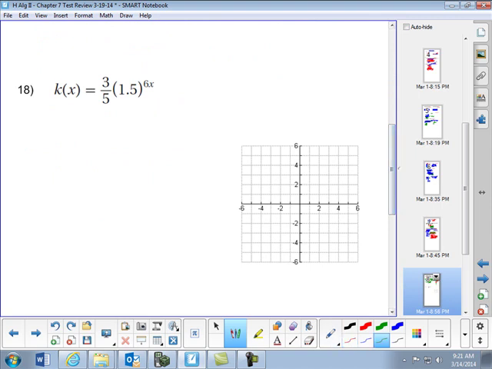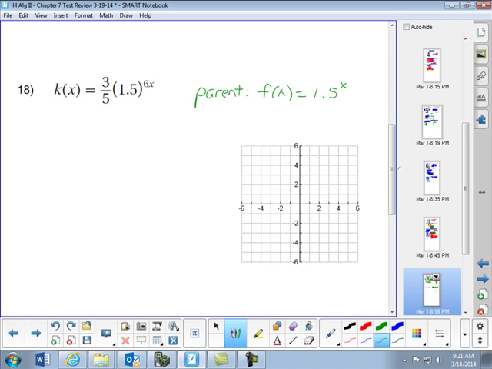All right, well, once again, this one, let's think about the parent function. The parent function for this one would be f of x equals 1.5 to the x. So this is an exponential growth.